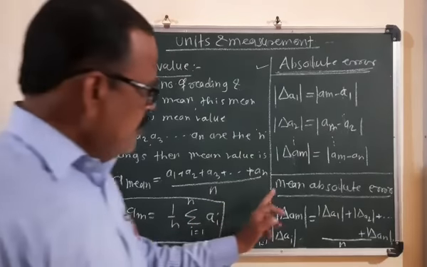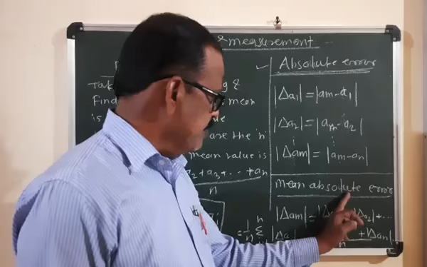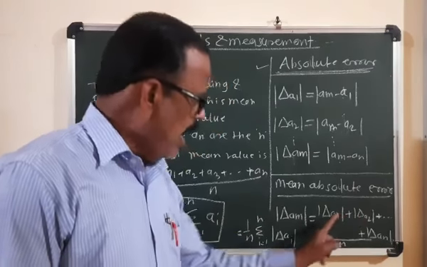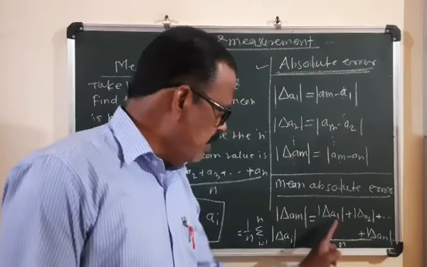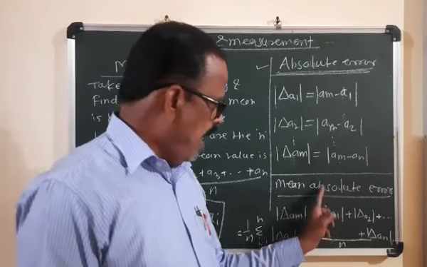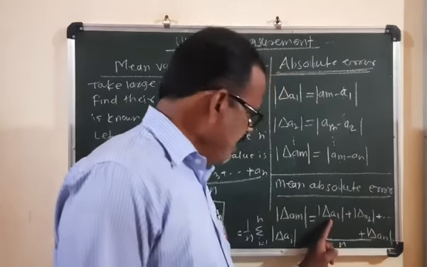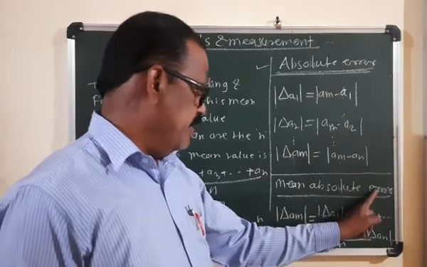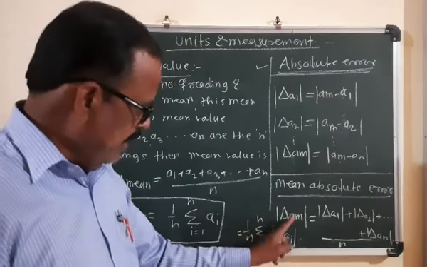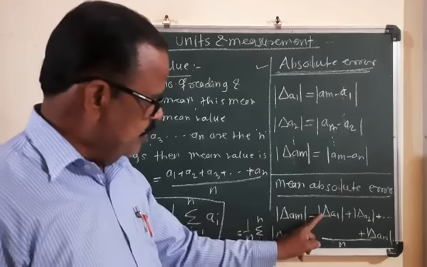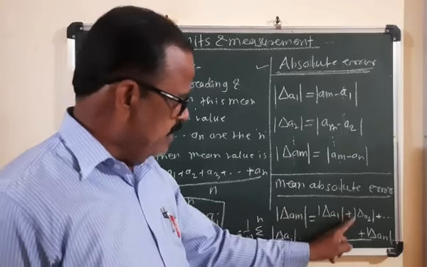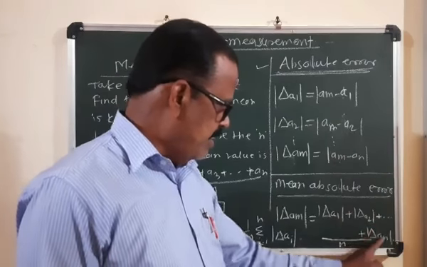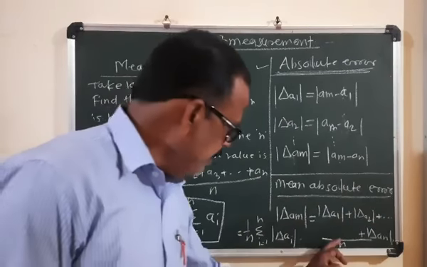Next, mean absolute error. The arithmetic mean of all the absolute errors is called the mean absolute error. That is, delta Am equals delta A1 plus delta A2 plus and so on plus delta An, divided by n.